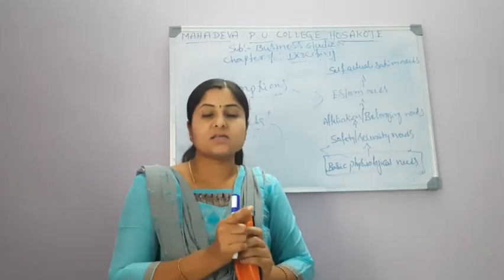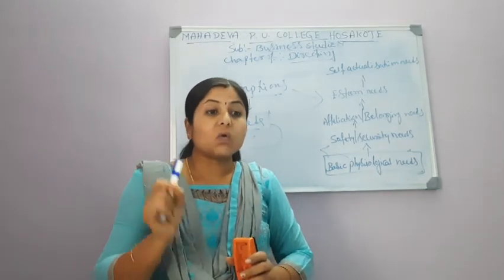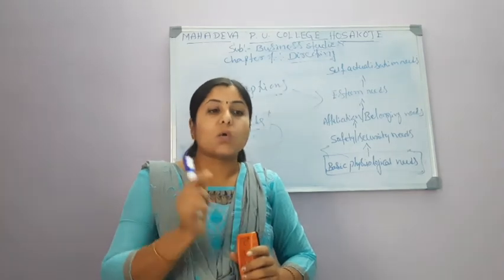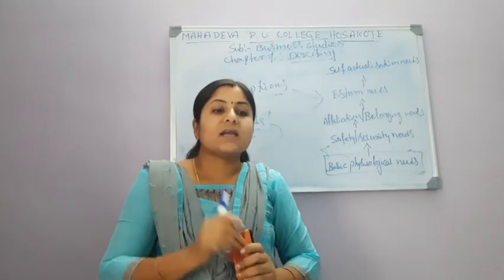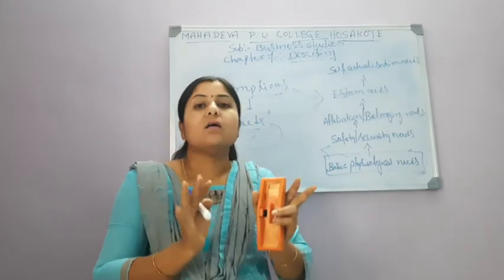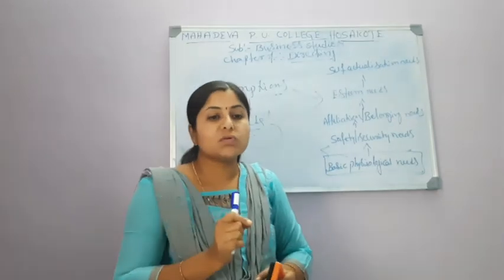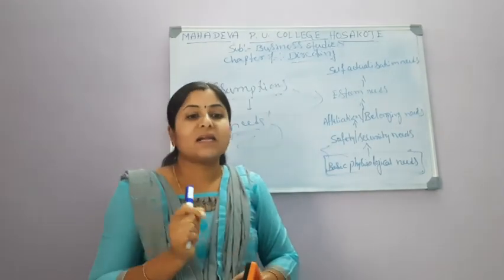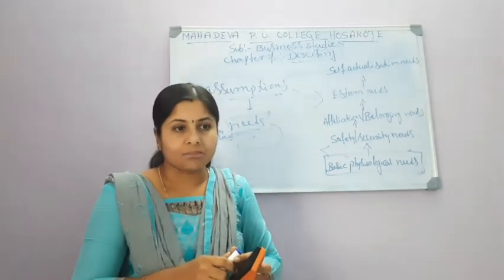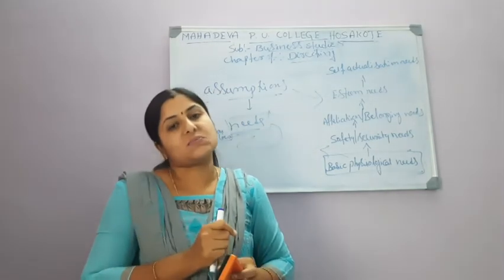This is another assumption. Clear? A satisfied need can no longer motivate a person. Only the next higher level need can motivate the person. Another assumption is that a person moves to the next higher level of the hierarchy only when the lower level need is satisfied.